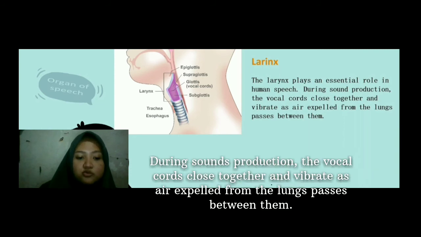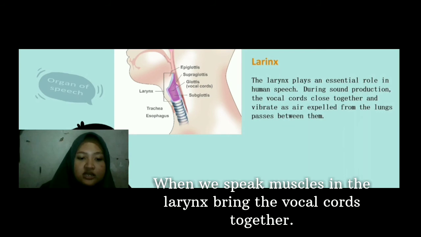During sound production, the vocal cords close together and vibrate as air expelled from the lungs passes between them. When we speak, muscles in the larynx bring the vocal cords together.